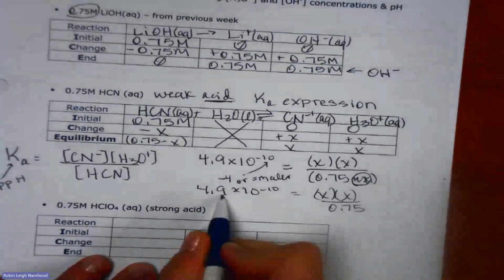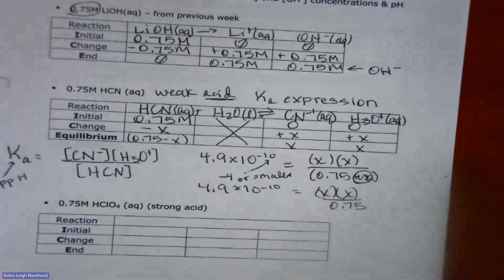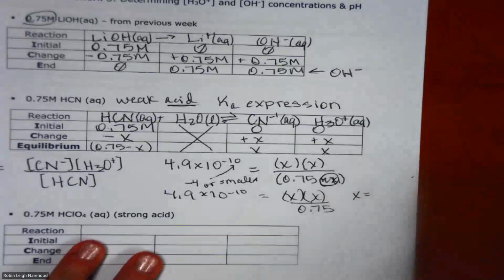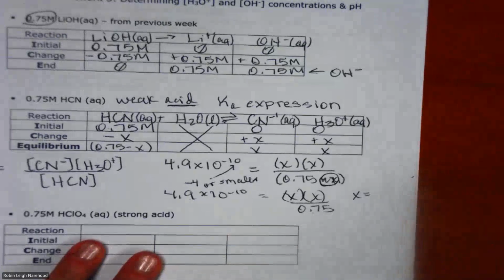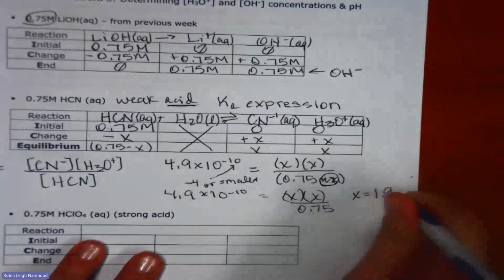Okay, so 0.75 times this. And then you do the square root. At 1.9 times 10 to the -5.